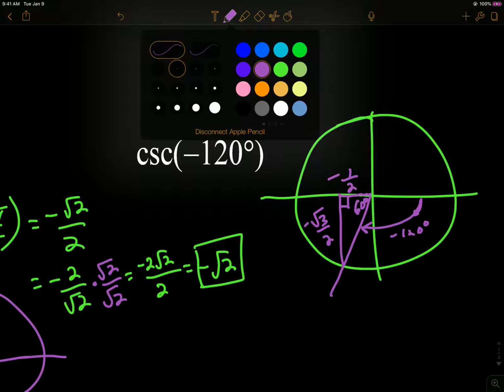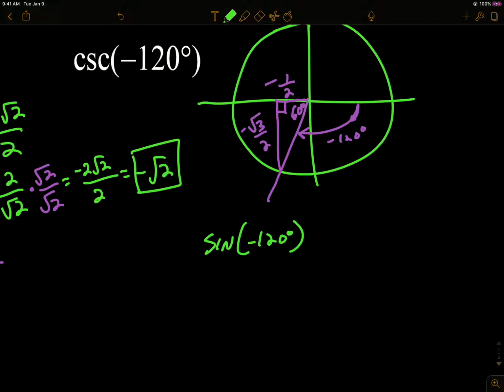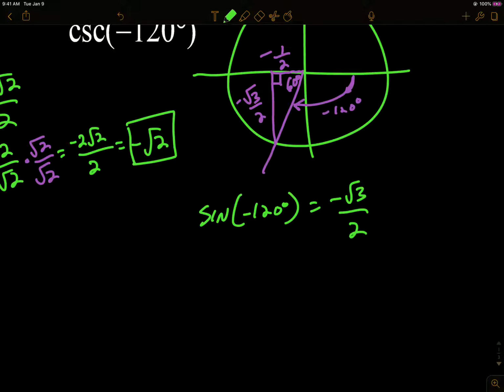So I want the cosecant value. I know the cosecant is the reciprocal of sine. So the value of sine of negative 120, that's my negative root 3 over 2 guy. So now if I want the cosecant, all I have to do is flip that answer. So I should say first I'm doing this.